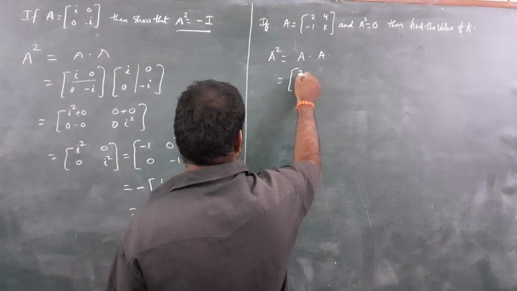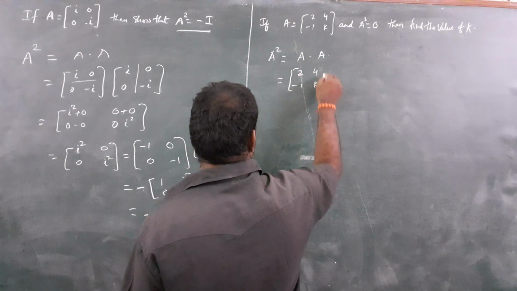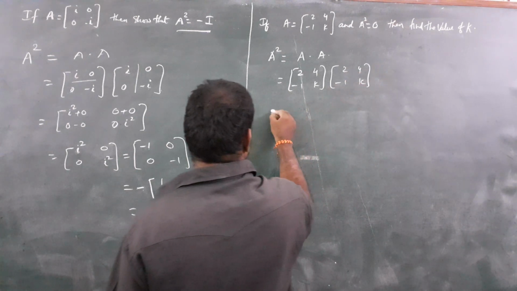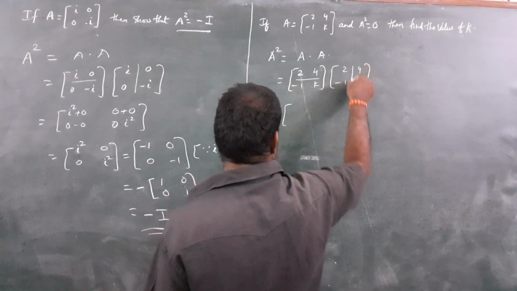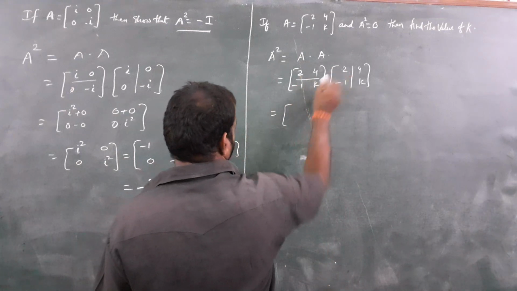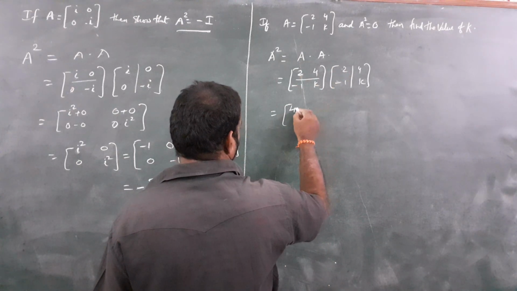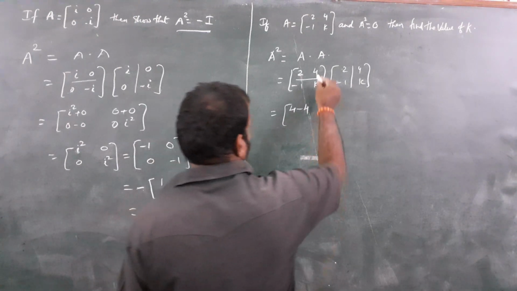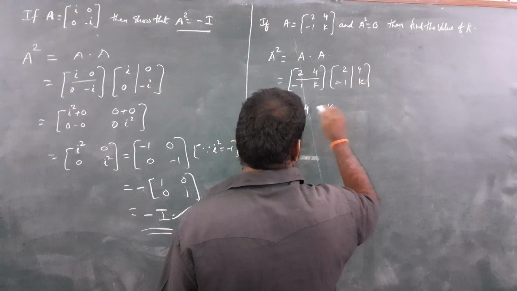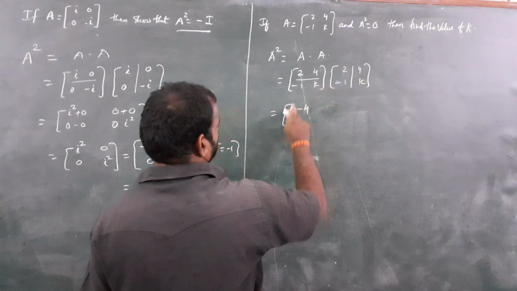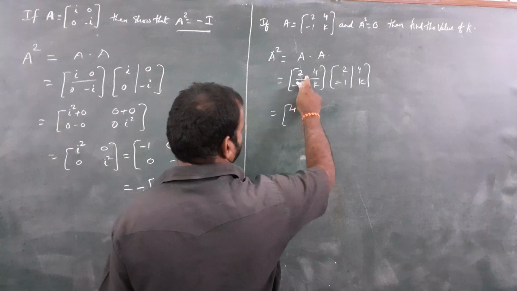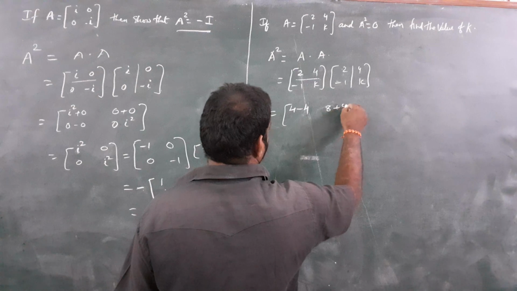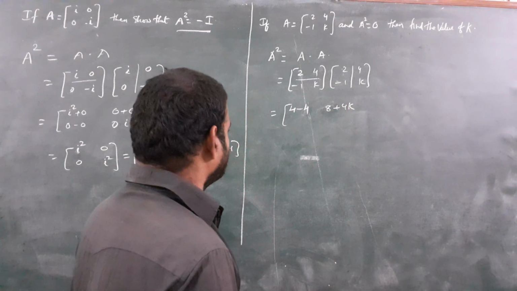So it is nothing but [2, 4; -1, k] into [2, 4; -1, k]. So you have to multiply rows here and columns in this matrix. 2 2s are 4, 4 into -1 is -4, so 4 minus 4. Next, 2 into 4 is 8, plus 4 into k, 4k, so 8 plus 4k.